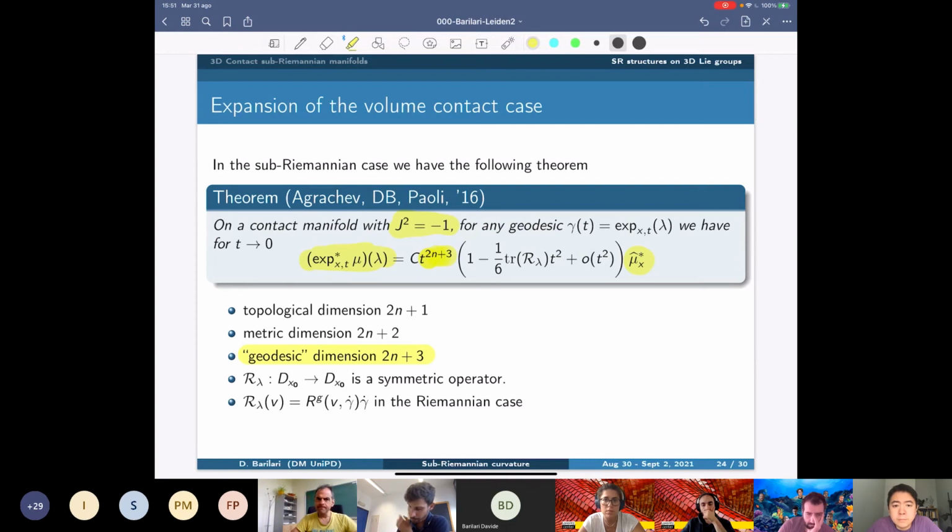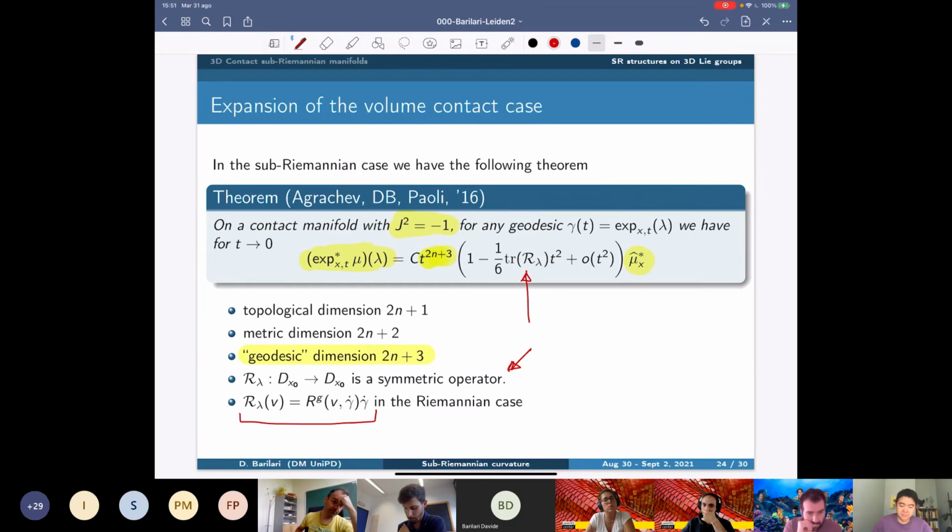Another interesting element here is this R of lambda, which is a natural invariant defined along the geodesic associated with that initial covector, and it is a symmetric operator on the distribution, which coincides with the evaluation of the Riemann tensor along the tangent vector of our geodesic in the Riemannian case.